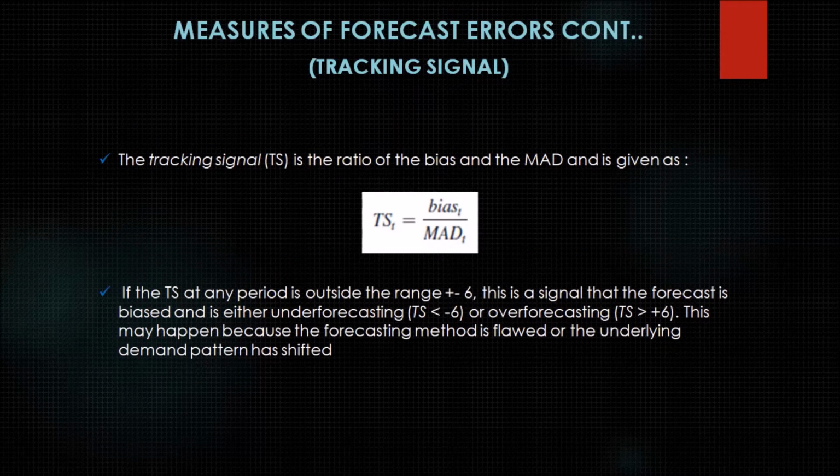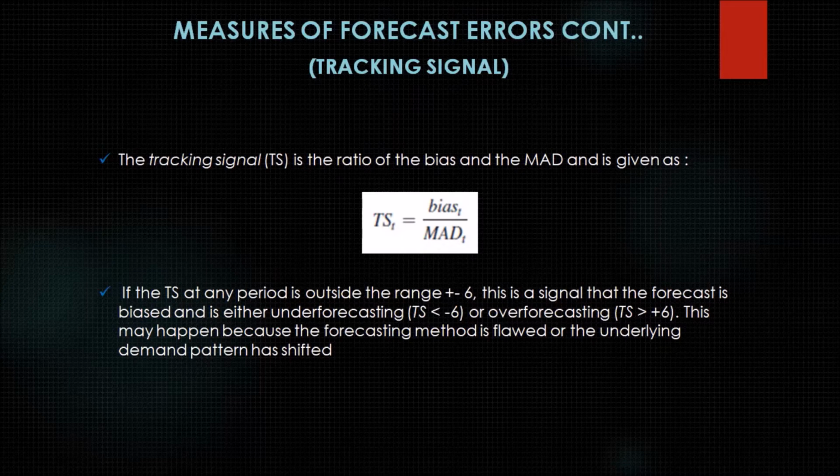So the tracking signal is the ratio of the bias and the MAD and is given as TS equals bias per MAD.